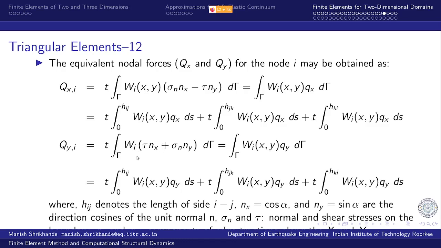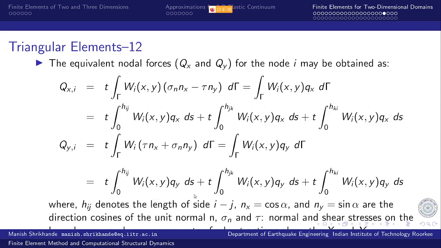And this is what is done after evaluation. In this we represent it as qx and qy along the x and y direction. These normal forces and tangential forces, we resolve them along x and y, and then that is what leads us to this.